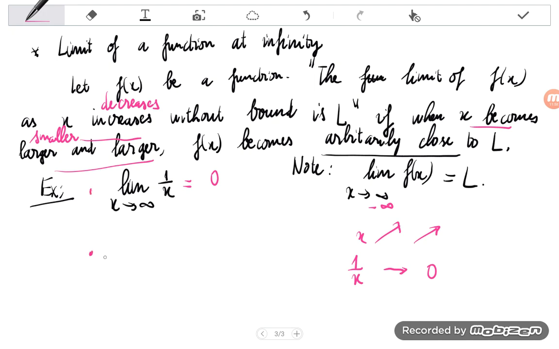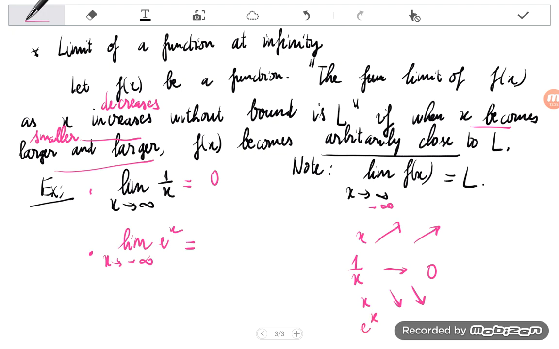And next, we can consider the limit of the exponential function when x tends to minus infinity. What is it? Try to imagine when x decreases and decreases, it becomes smaller and smaller.